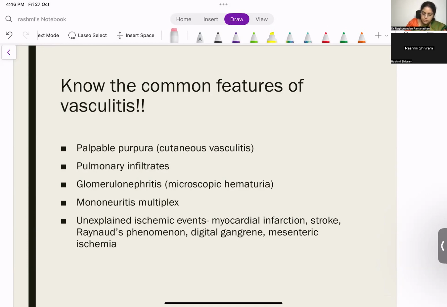Most vasculitis will have one feature, which is constitutional symptoms. All vasculitis will definitely have constitutional symptoms. This is very, very important. They will have it in varying degrees. Some diseases might have a lot of constitutional symptoms, but some might have them to a lesser degree. But definitely constitutional symptoms like fever, myalgia, tiredness, excessive fatigue, all these are common features of vasculitis.